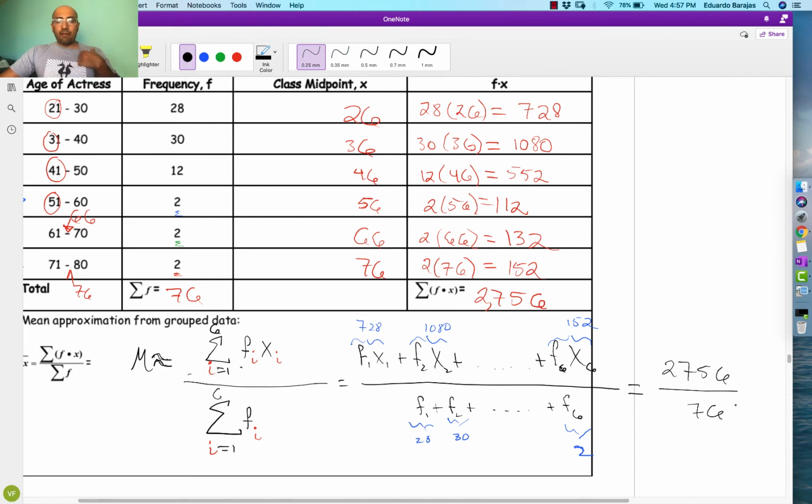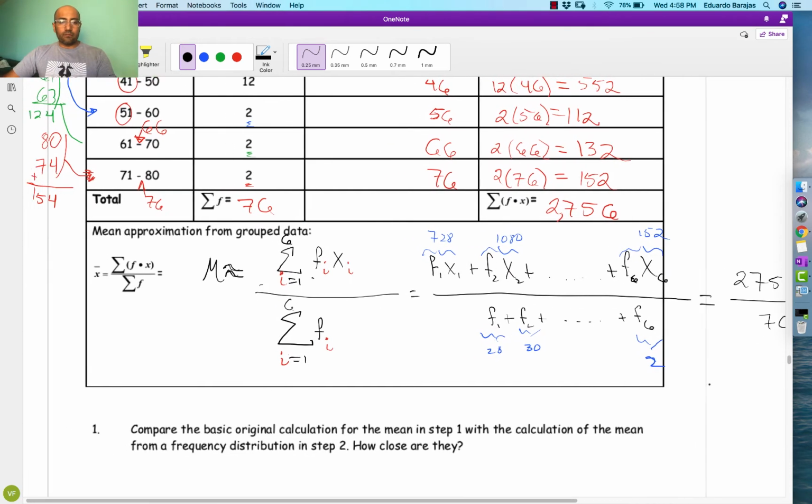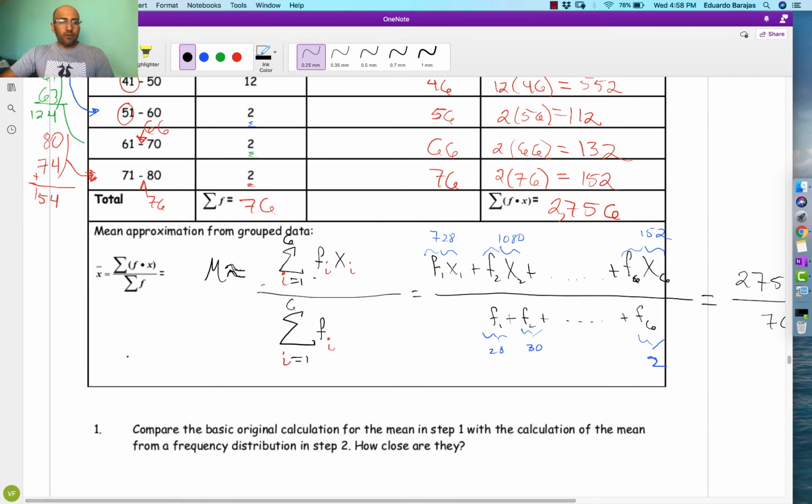So we're saying that my approximation for the mean is the division of these two numbers. Let me go ahead and divide them. 2756 divided by 76 gets me 36.2632.